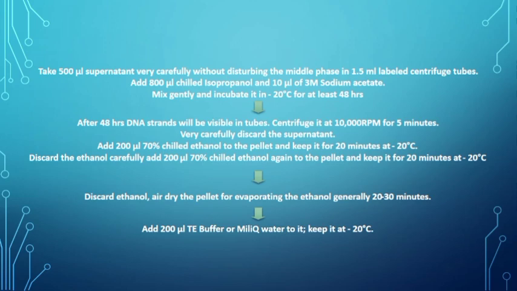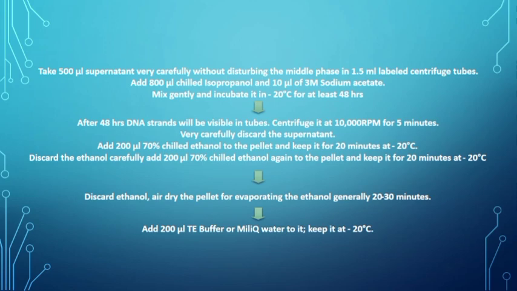Next day, after 48 hours, the DNA strand will be visible in the tubes, or otherwise it will be invisible, like mucilage. You can check at the bottom of the centrifuge tube.